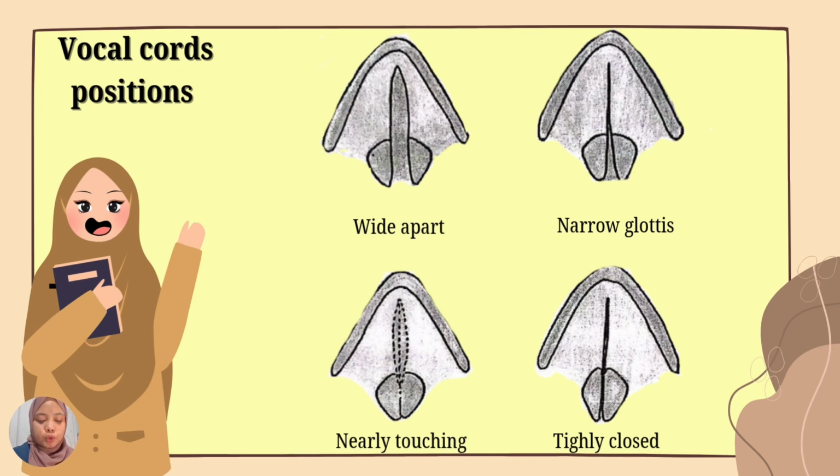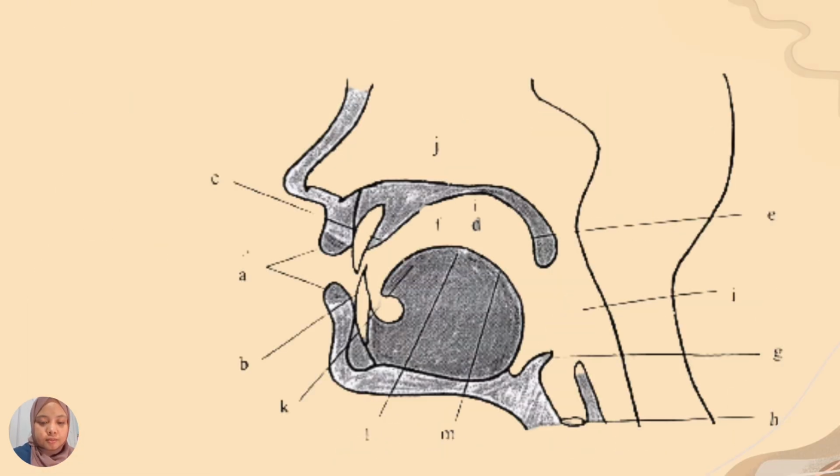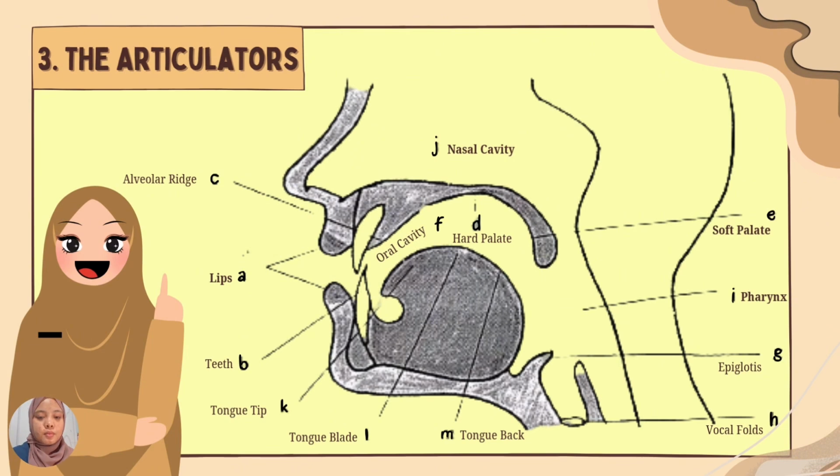Now we move to the articulators. You can see the picture. These are the human speech organs.